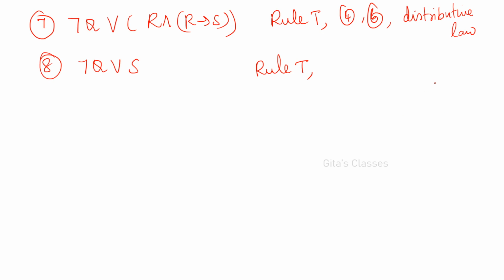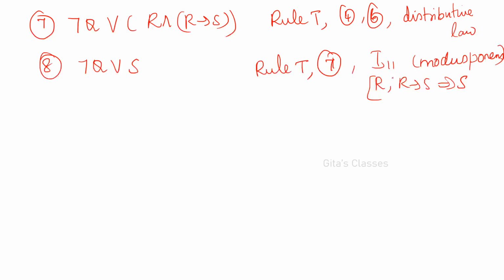So in the place of R and R conditional S, I am writing S. So rule T from 7 I11, that is modus ponens. That is R comma R conditional S implies S. This is R and only. H1 comma means it is and only. Okay. That is why this R and R conditional S I have written as S.